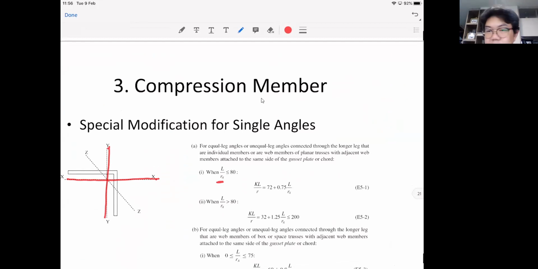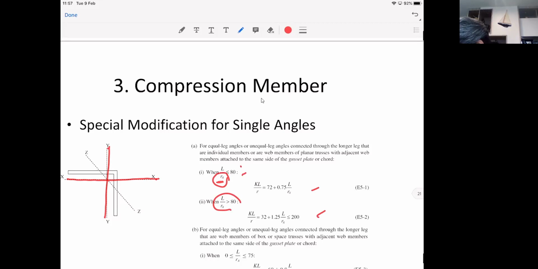Because we have equal leg angle in this country, it doesn't matter whether it's Rx or Ry, they are the same. You can put it this way to save you some more pain. So we don't use R minimum in the modification. You just pick Rx or Ry, calculate this. If it's less than 80, modify your KL over R with this formula. When it's greater than 80, modify with that formula.